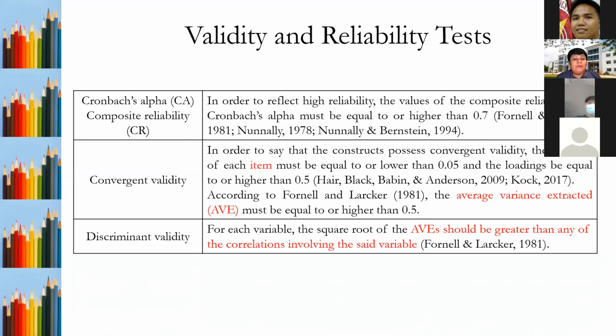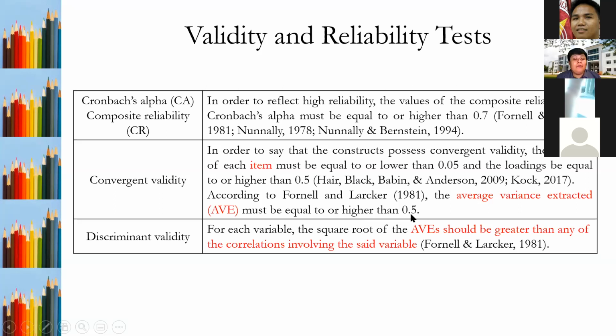So in order for the construct to be reliable, the threshold for Cronbach's alpha and composite reliability is at least 0.7. Okay, for convergent validity, these are the requirements. Let's say you will be measuring convergent validity. One, the factor loading should be 0.5.